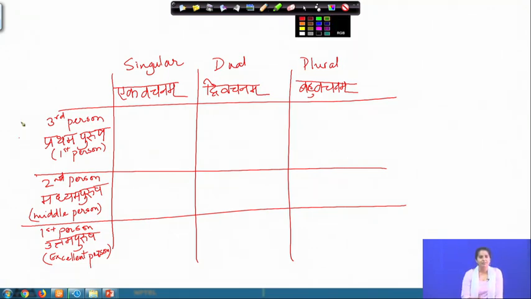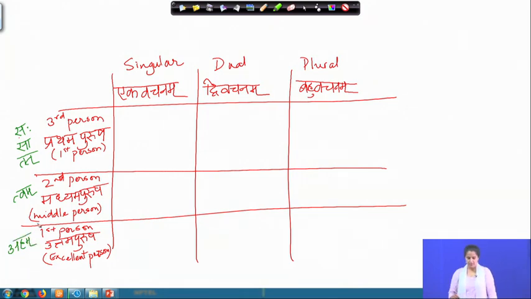So when we have the third person, we also have the pronouns that we have already looked at, sah in the masculine, sa in the feminine, and tat in the neuter. And in the second person, we've looked at the tvam, and in the first person, we've looked at the aham. Right? So now let's look at what happens in the verb.